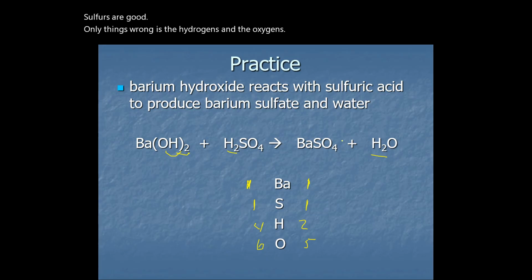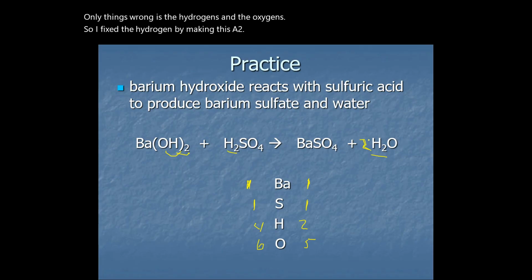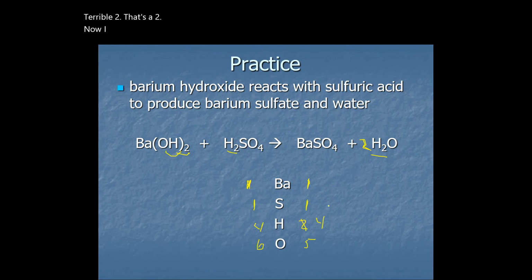So I fix the hydrogens by making this a 2. Now I have 4 hydrogens. And I have 4 plus 2, 6 oxygens, and yes, he's balanced.